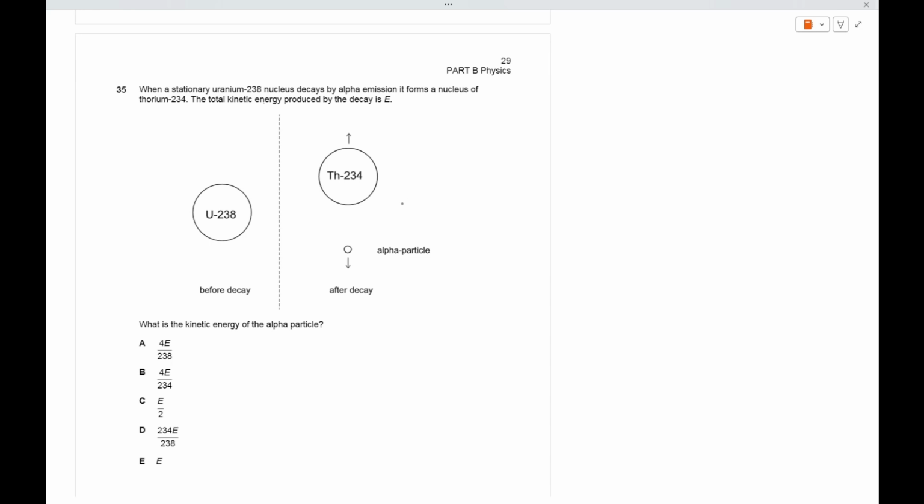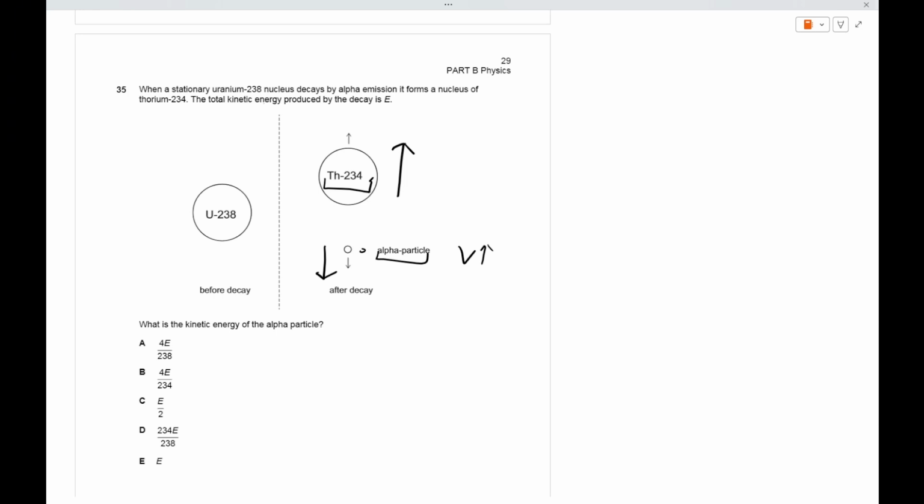We know that momentum has to be conserved. That means that the momentum of this big particle is going to be the same as the momentum of this particle. And both kinetic energies add up to E. What does that mean? Since the mass of this big particle is so much larger than the mass of the alpha particle, the velocity of the alpha particle is going to be much, much larger than the velocity of this big particle.